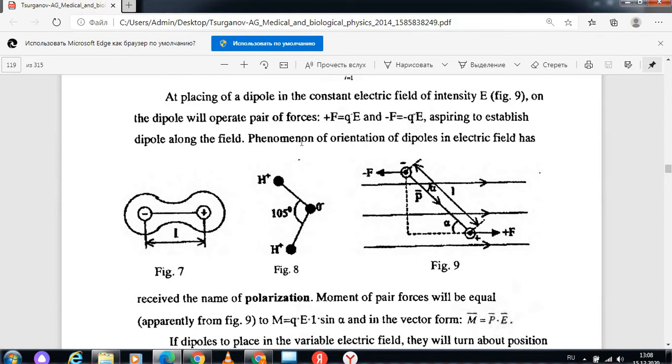This phenomenon of orientation of dipoles in an electric field has received the name of polarization.